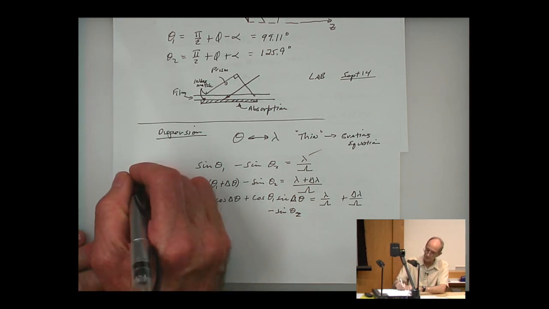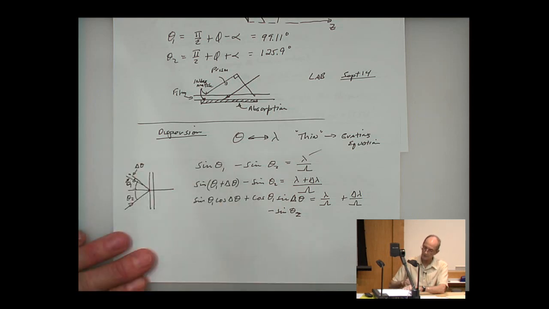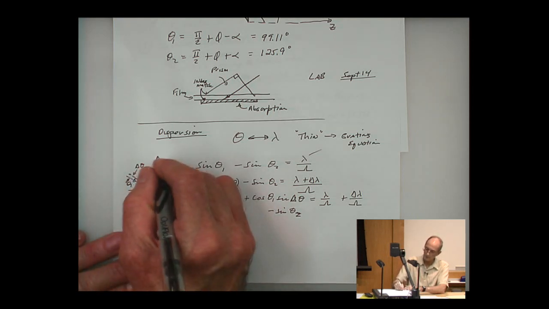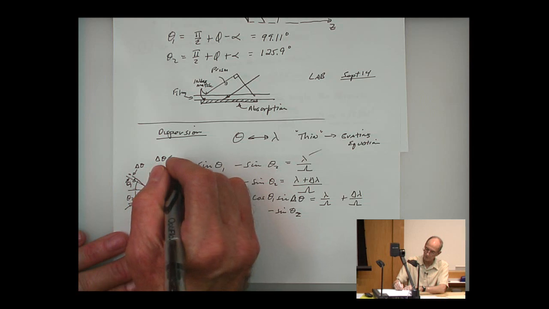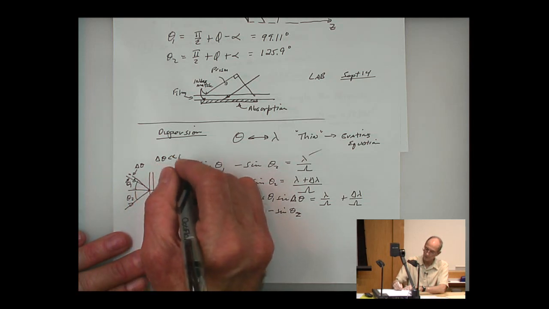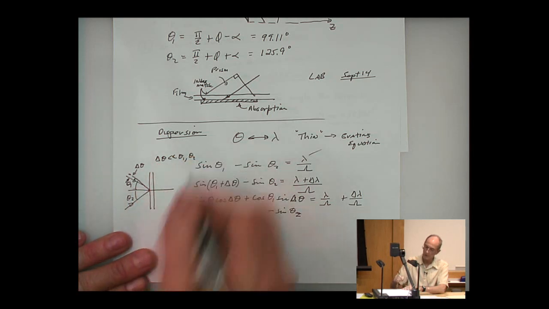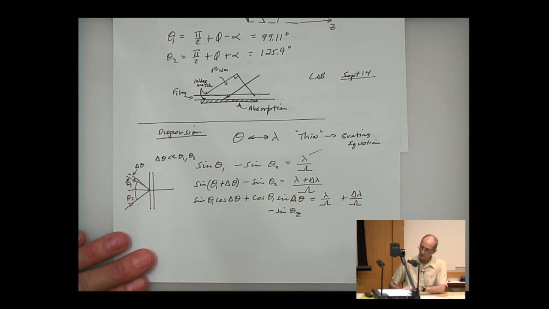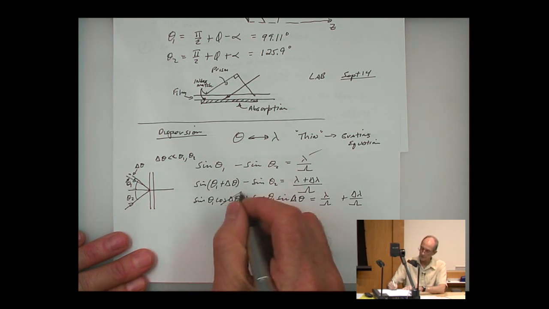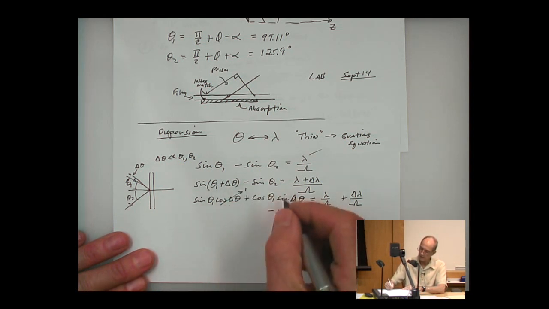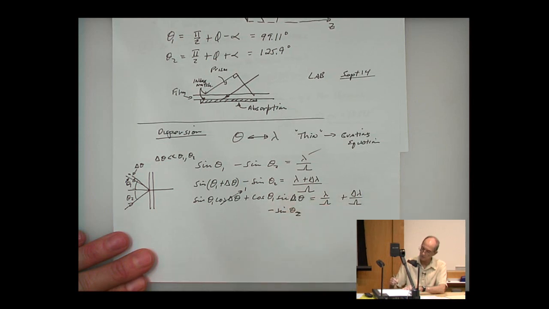Let's say this is our delta theta here, and let's make delta theta small, so delta theta is much less than theta 1 or theta 2. Then in that case, cosine delta theta is about equal to 1, and sine delta theta is about equal to delta theta. All right.